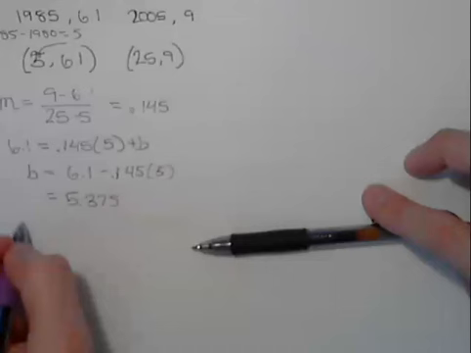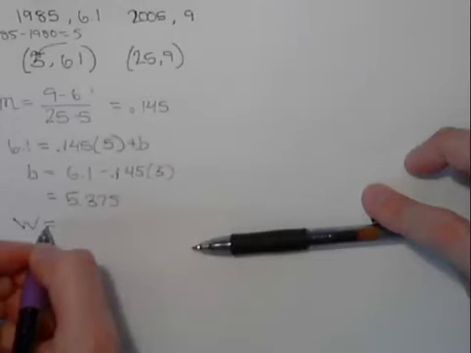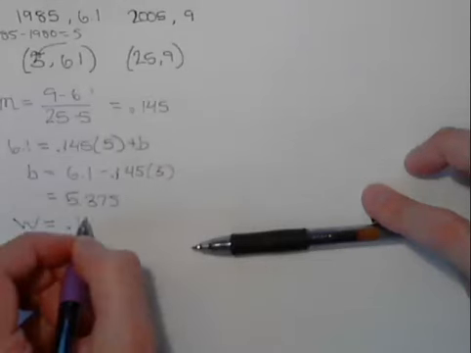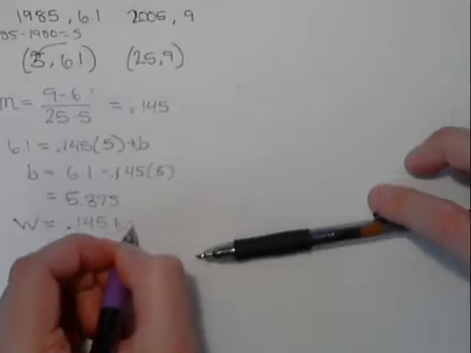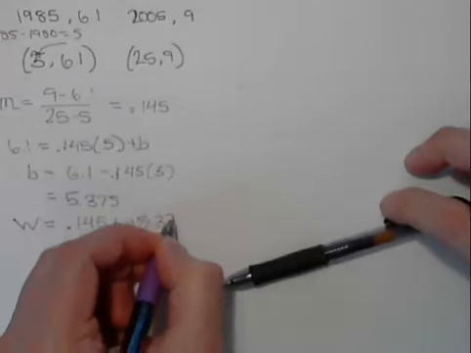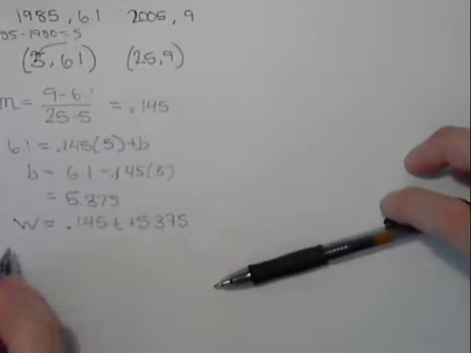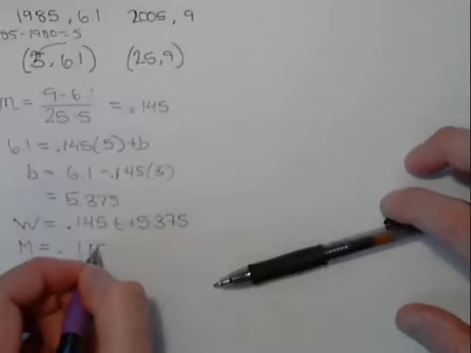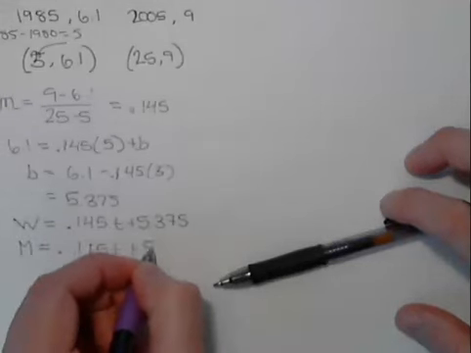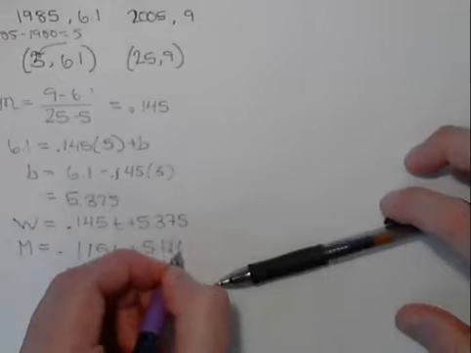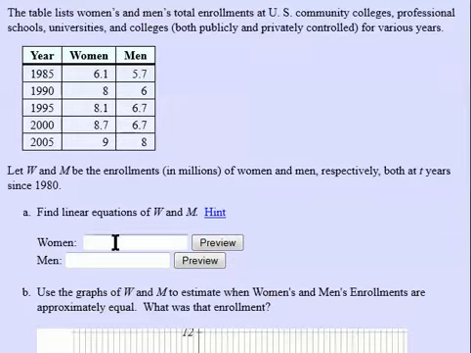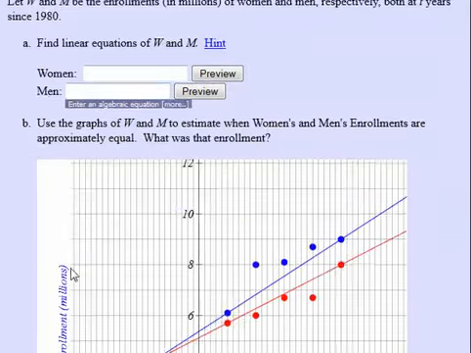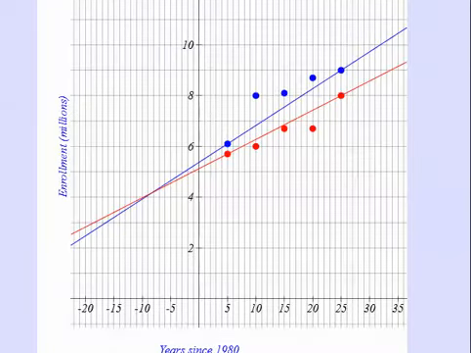So the equation for women's enrollment is capital W equals 0.145 T plus 5.375. Similarly, with men, when we do this, we get an equation that's M equals 0.115 T plus 5.120. Going back to the question, we would enter those two equations here, and the follow-up is part B.